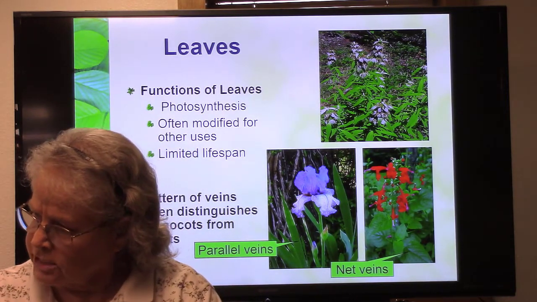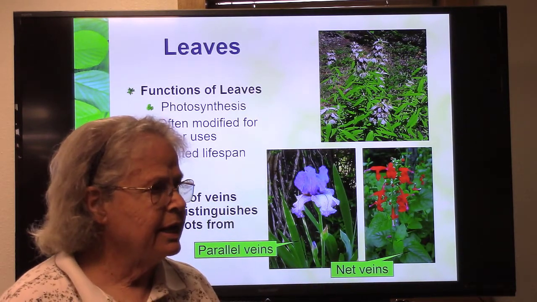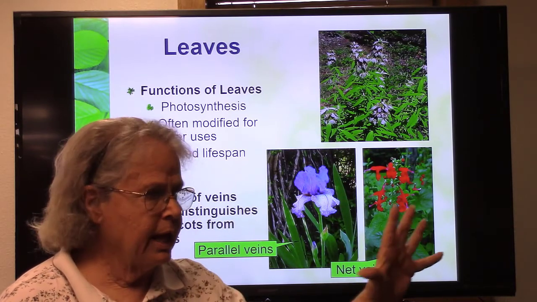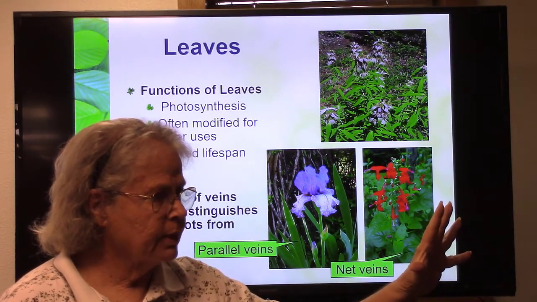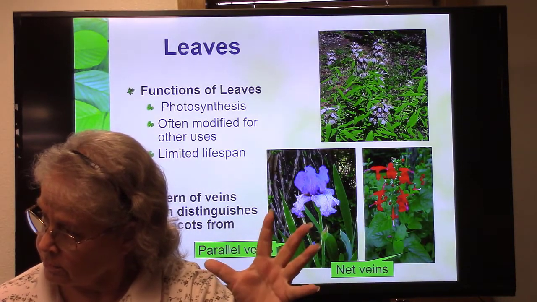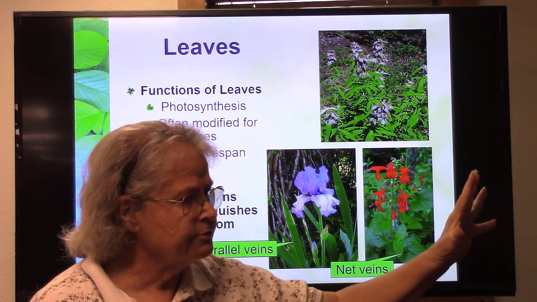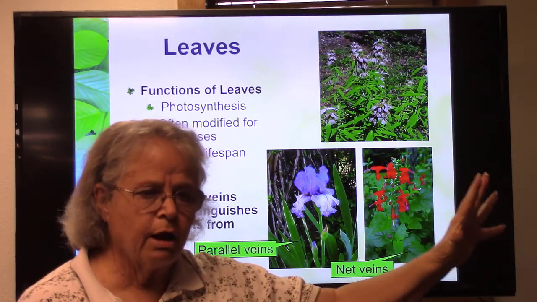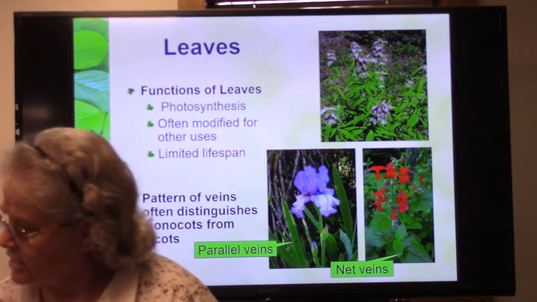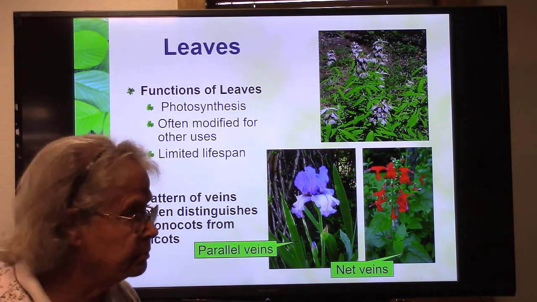So one central stem and a whole lot of branches coming out the side is pinnate net. And the sweet gum is called palmate net, because just think of your fingers coming out of your palm. And it kind of is like that. So net palmate, net pinnate, both of those are dicot. But the parallel is a monocot.